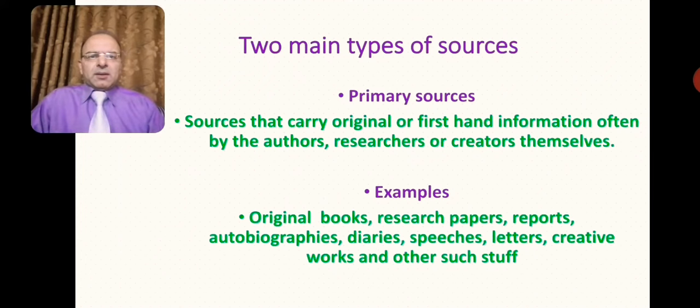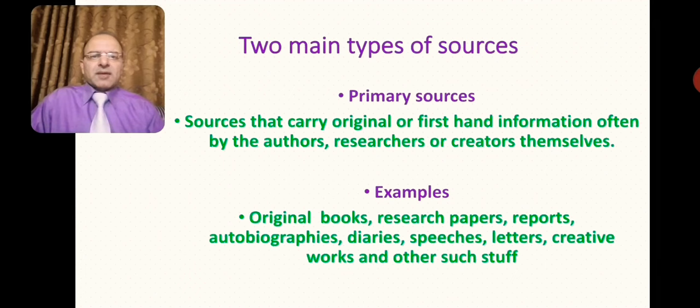Well, there are two main sources of literature review: the primary sources of literature review and the secondary sources of literature review. The primary sources are sources that carry original or first hand information, often by authors, researchers, or creators. Examples of this kind of sources are original books.